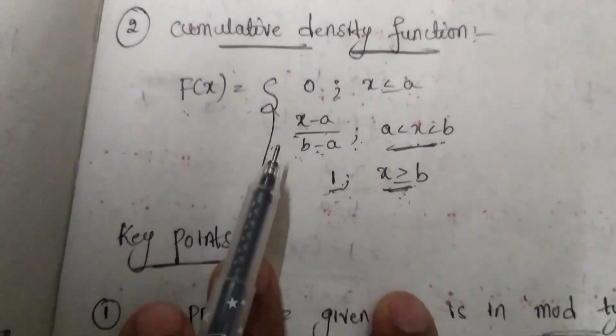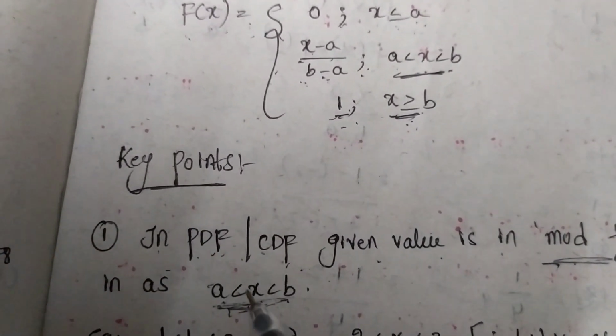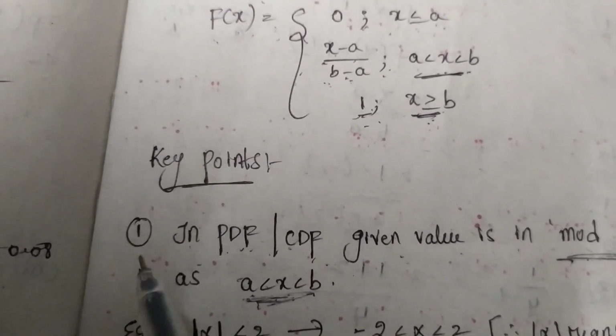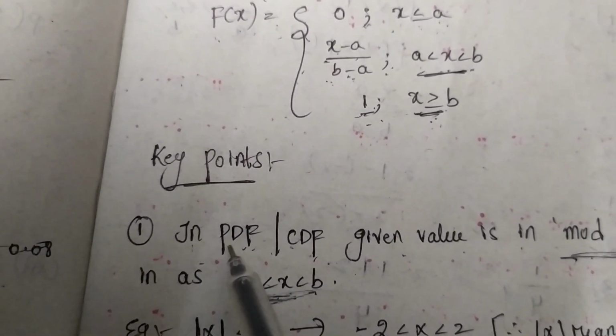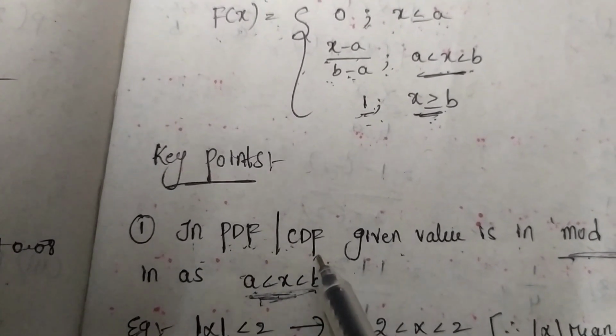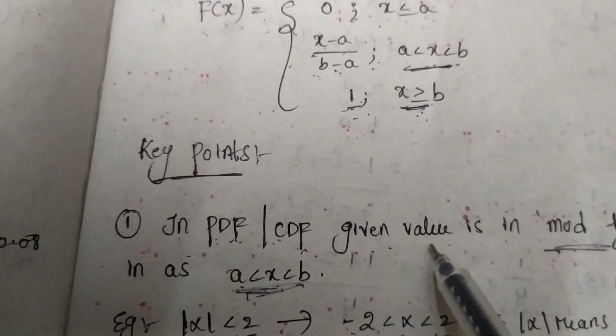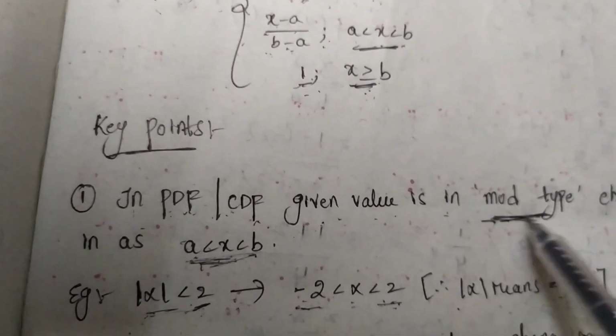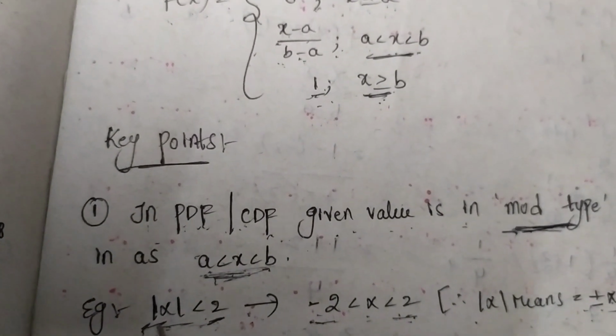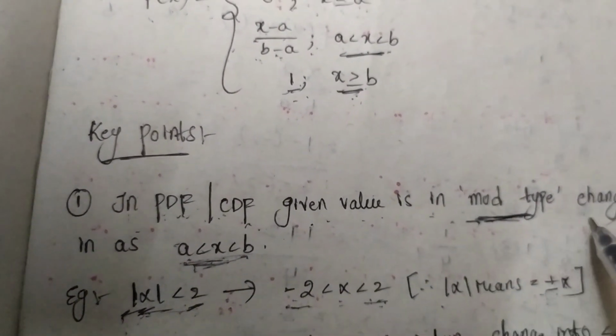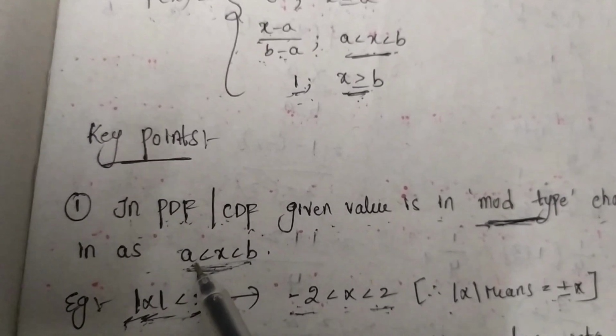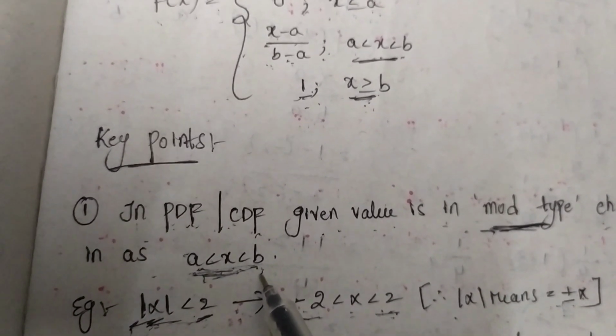The important key points to solve every problem of uniform distribution: the first point is, in the probability density function or in the cumulative density function, if the given value is in mod type, we have to change it into the a less than x less than b format.